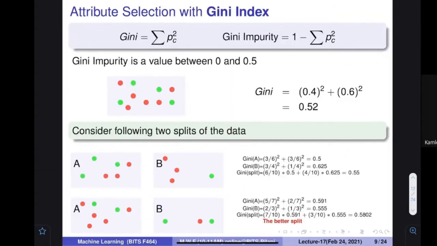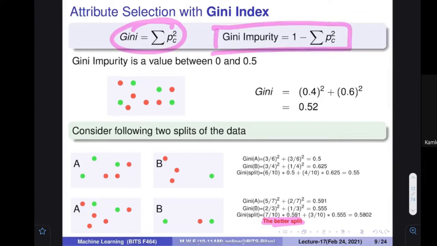If we find the second one is a better split, please note that we have used this particular Gini value. If you instead compute 1 minus the value, it is not going to be any different, but it is going to give you the Gini impurity value, and then the item with the lower value becomes better. However, since we are using this quantity, higher is better.